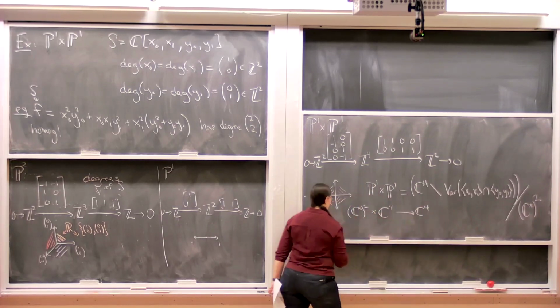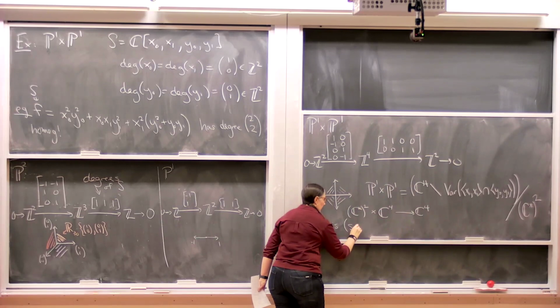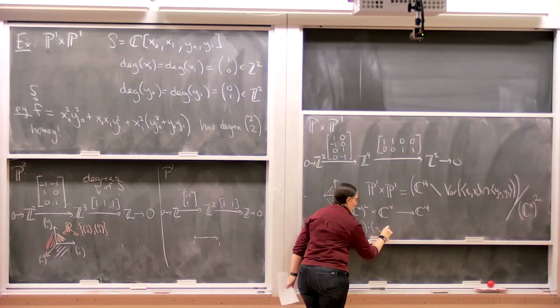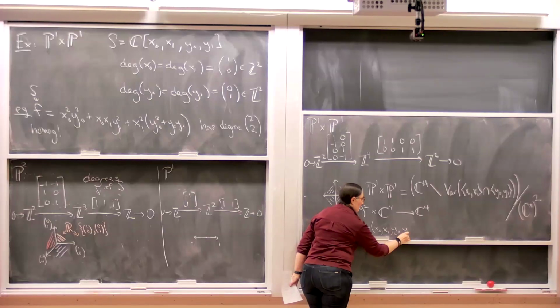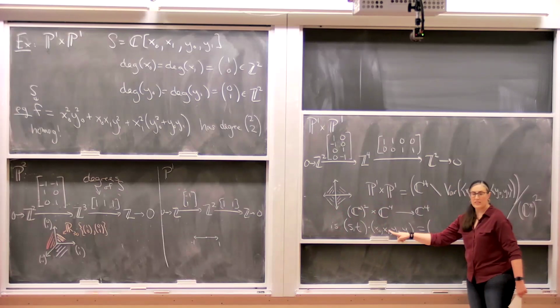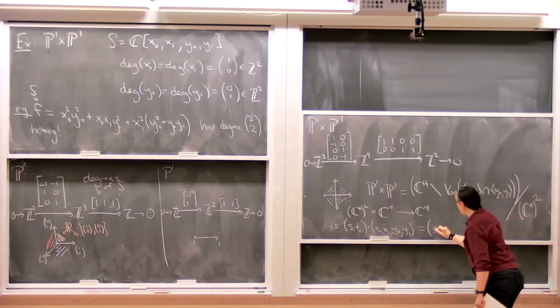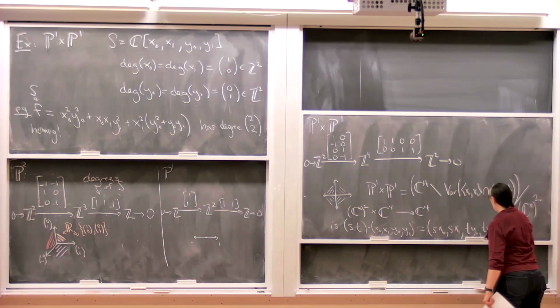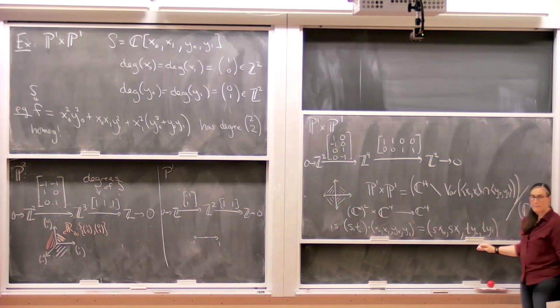This action is now, I have an S and a T acting on, I'll write out all my coordinates, this, and the S's are going to scale here and the T scale here.